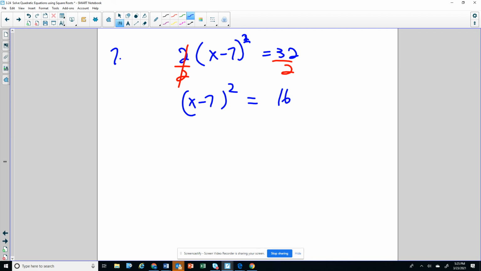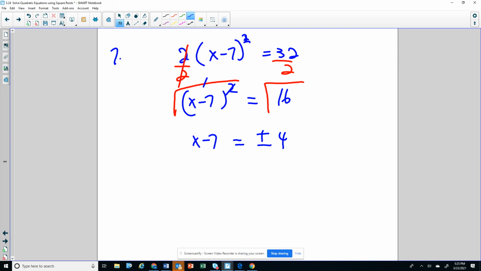Now to cancel the square, I'm going to take the square root of both sides. So the square root cancels the square. I'm left with x minus 7 is equal to the square root of 16, which is positive and negative 4.